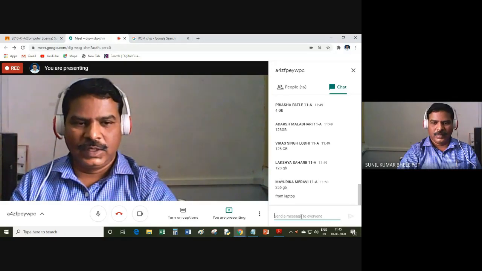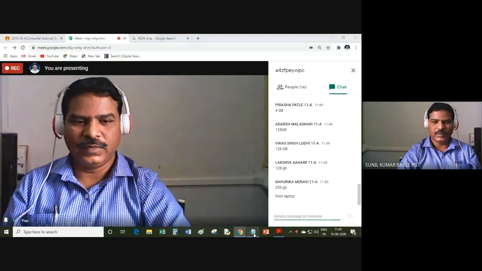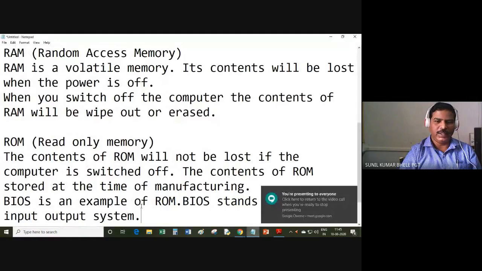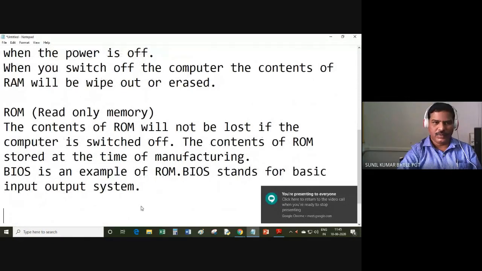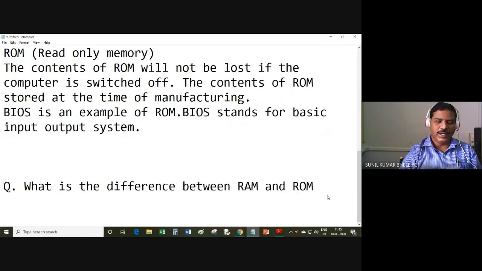So you understand the difference between RAM and ROM. ROM stands for read-only memory, it is a permanent storage. If I ask what is the difference between RAM and ROM, you can write point-wise. Put the headings RAM and then ROM like this.